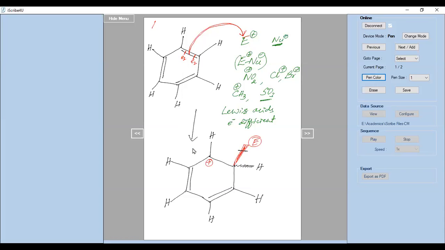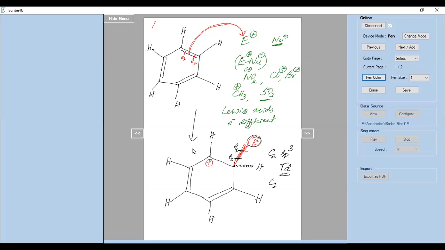now this bond is formed by 2 electrons. One electron belongs to C2 and this electron belongs to E1. Therefore carbon atom 1 has lost its electron, and this electrophile gets one extra electron, so it becomes neutral. You should also notice that C2 is now sp3 hybridized and tetrahedral in shape.